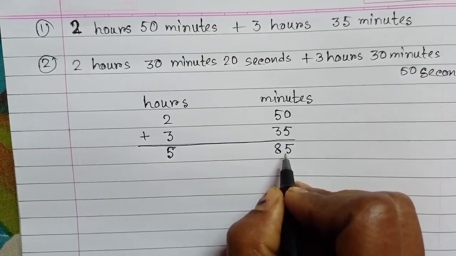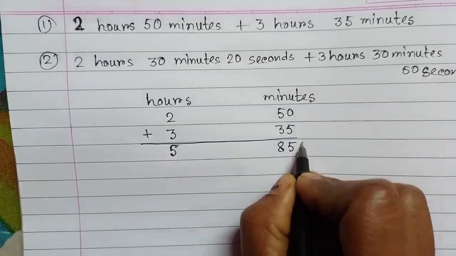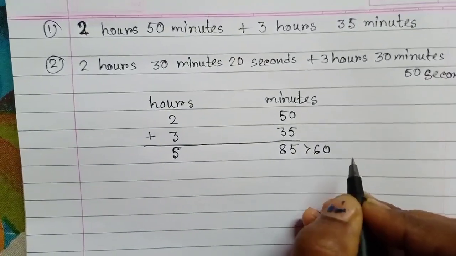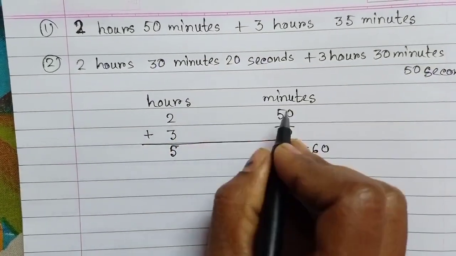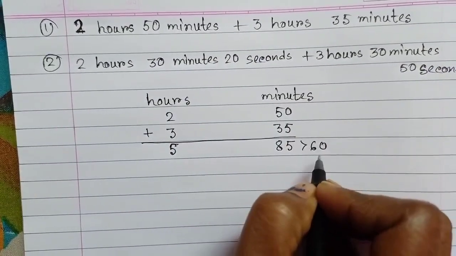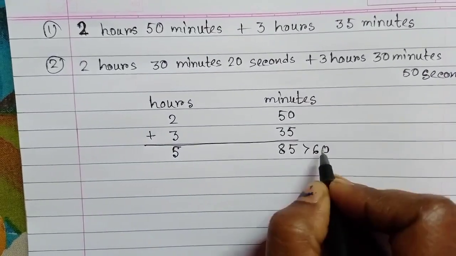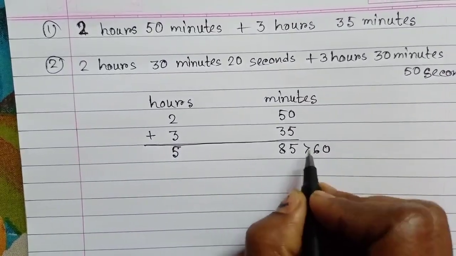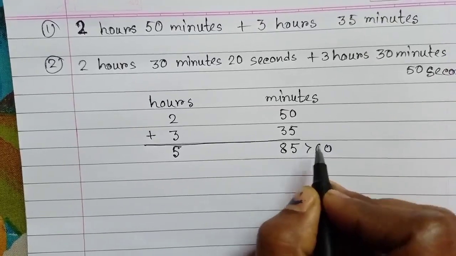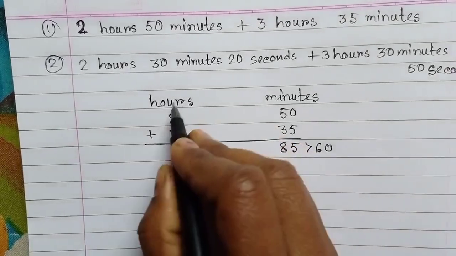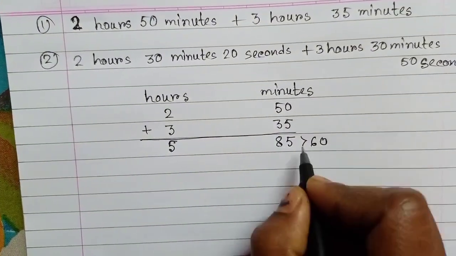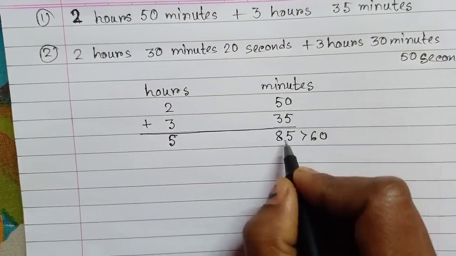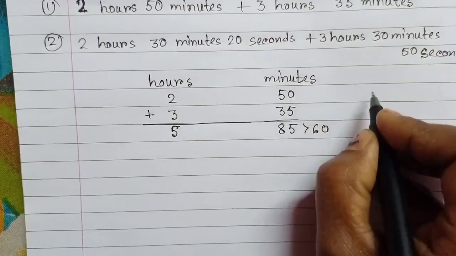But this number 85 is greater than 60. As we know that 1 hour is equal to 60 minutes, so we have to carry some minutes to the place of hours. So we have to divide 85 by 60.